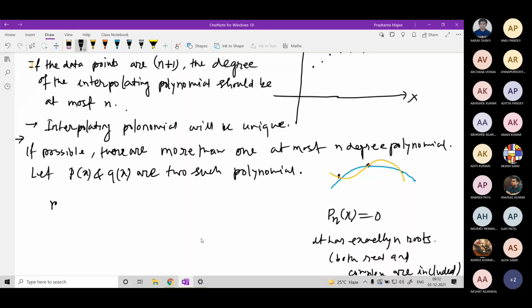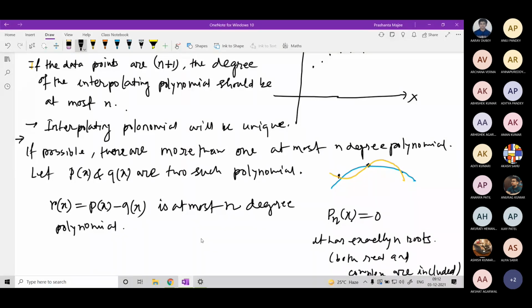So if you consider the difference polynomial R(x) as P(x) minus Q(x), what is the degree of R(x)? At most n. So it is an at most n degree polynomial.